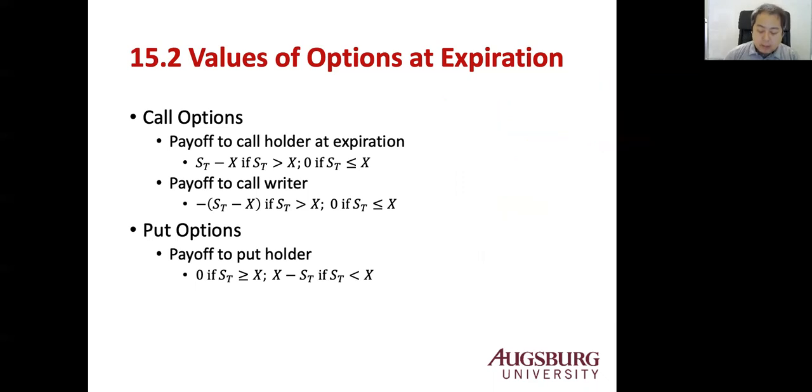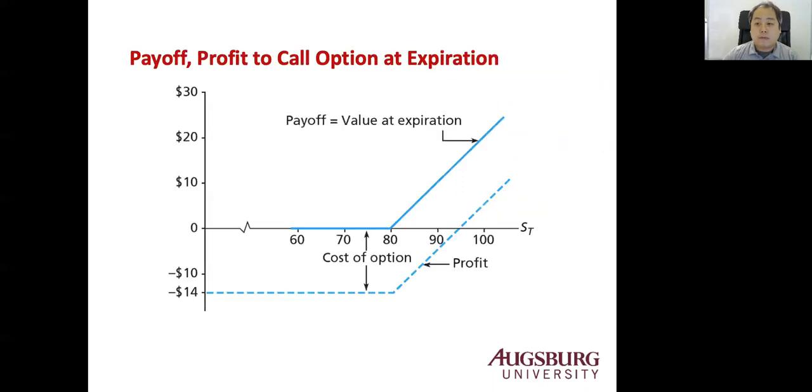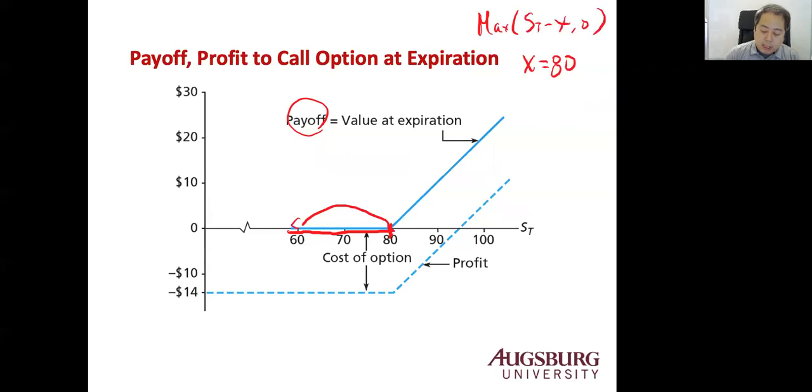So let's look at the graph for the call option first. The solid graph is the payoff value at expiration. Suppose the exercise price is $80. Below $80, there's no payoff because the payoff is max of ST minus X and 0. And then after 80, it starts to increase, up to unlimited basically.